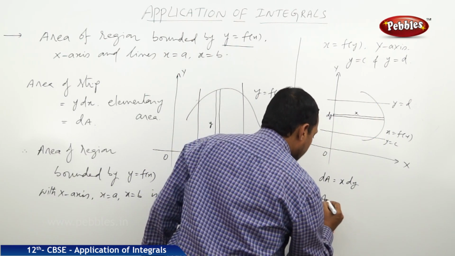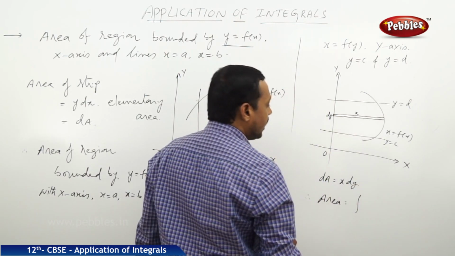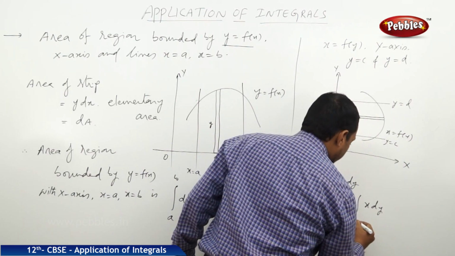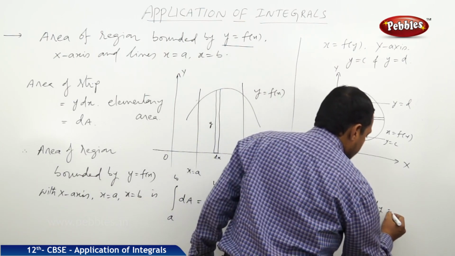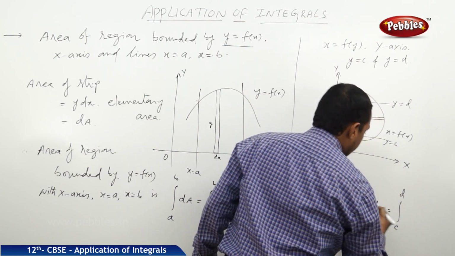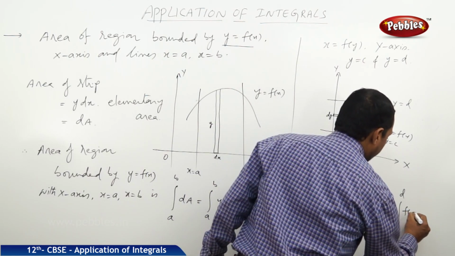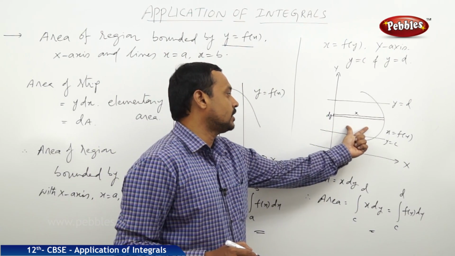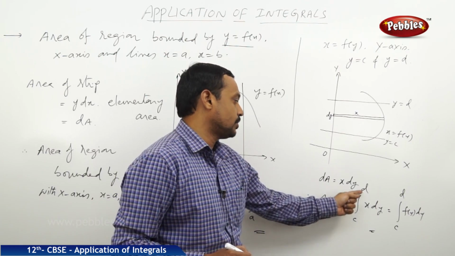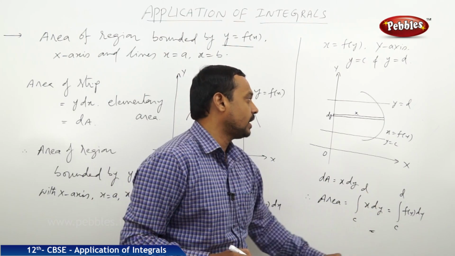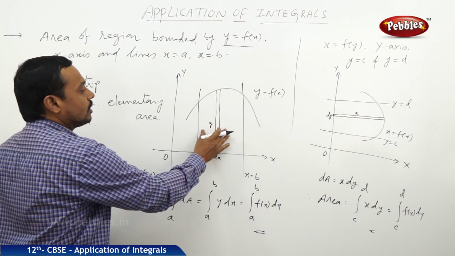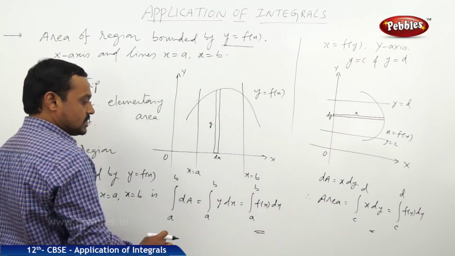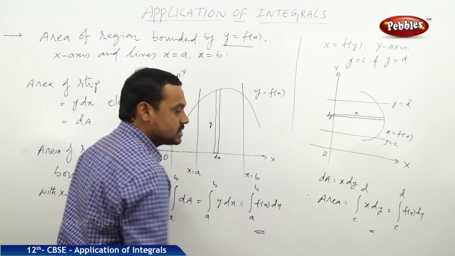Therefore, finally the area is given by integral x dy under the limits c to d, that is equal to integral c to d x dy, where x is equal to f of y. Therefore, the area of the region bounded by the curve with respect to the y-axis is integral c to d x dy or integral c to d f of y dy, and the area of the region bounded by the curve with the x-axis between the limits x is equal to a and x is equal to b is given by integral a to b f of x dx.